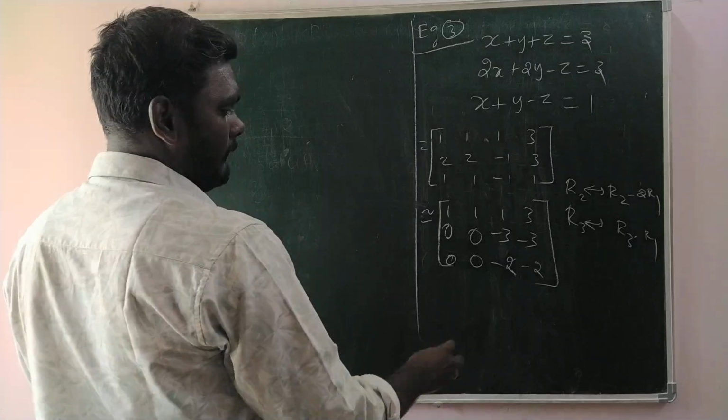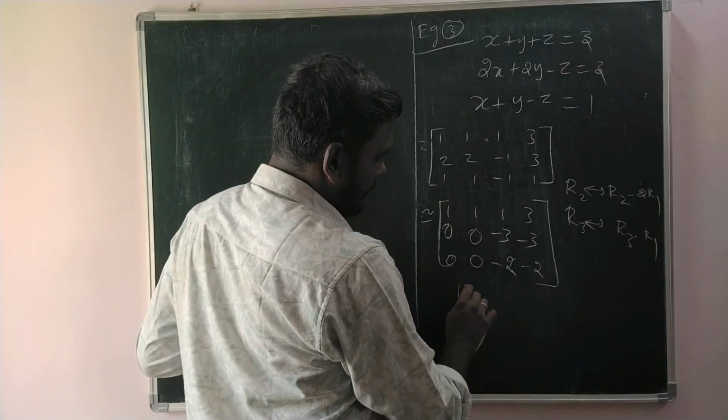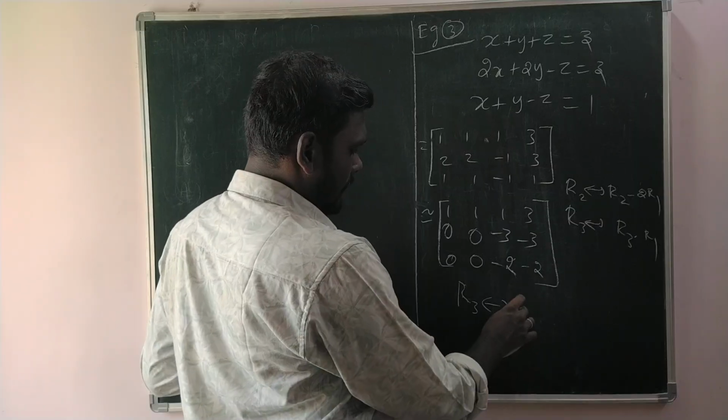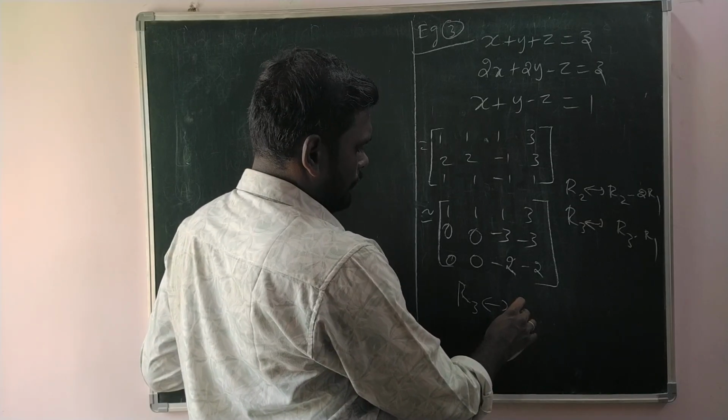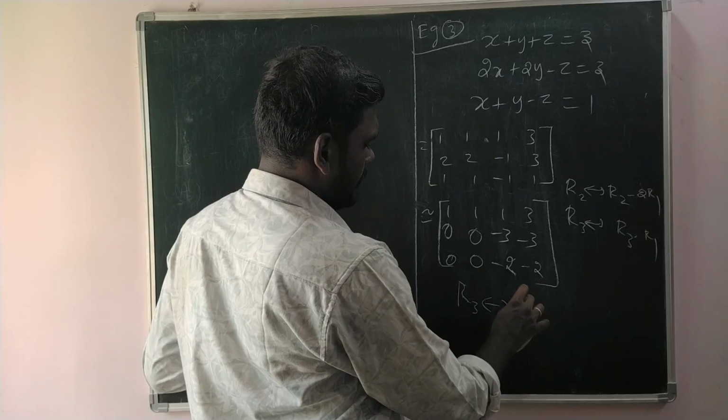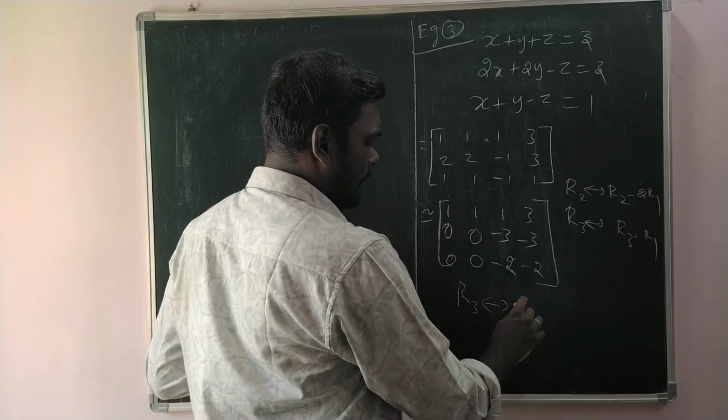While comparing these two, what can we do? Let us write the result in R3. This can be multiplied with 3, that can be multiplied with 2.